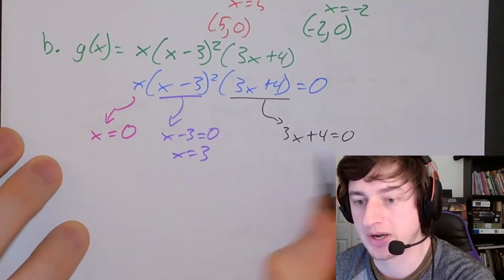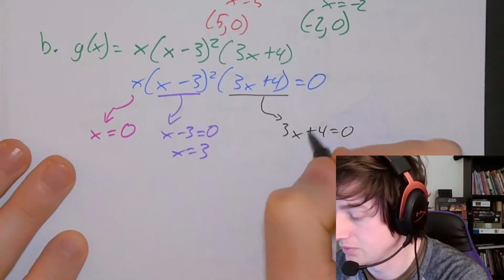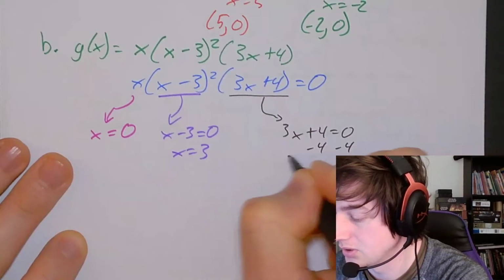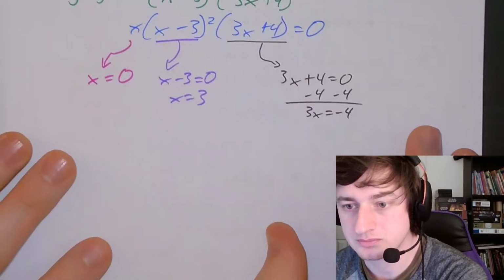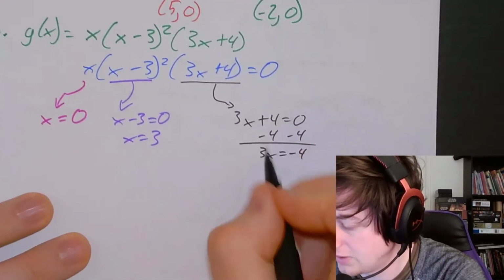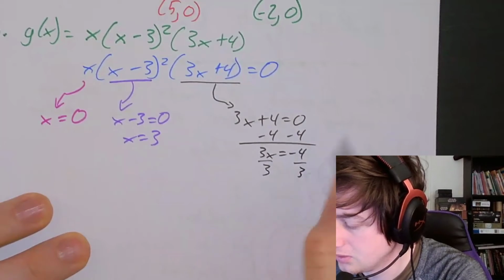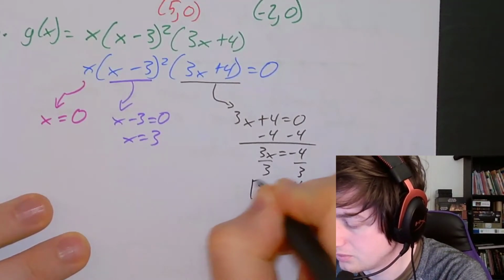We're going to need to subtract and divide. And we're going to get a fraction. Subtract 4 from both sides. We get 3x equals negative 4. Divide everything by 3. And so x equals negative 4 thirds.